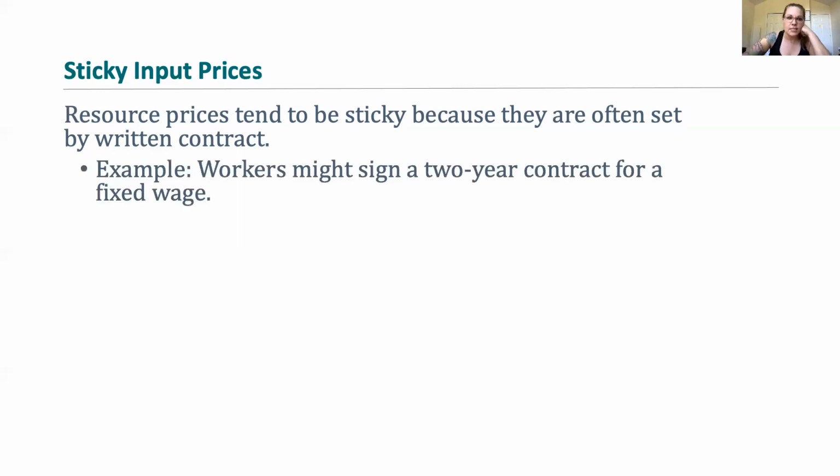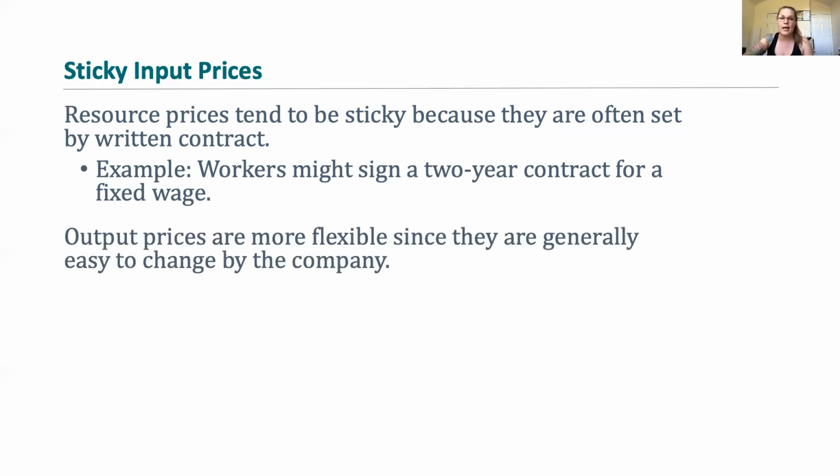And so therefore output prices and input prices might change, but at different rates. So let's suppose that the aggregate price level is increasing, but that input prices tend to be fixed for a short period of time. Then higher output prices would increase the profit potential of the firm, but their costs are not changing. So if their costs are not changing, but their profit potential has grown, they're going to respond by the law of supply, which says that they'll produce more output at greater profit potential.